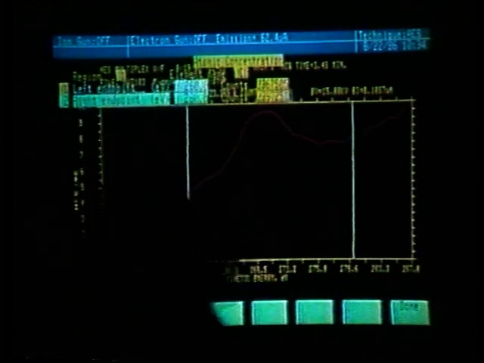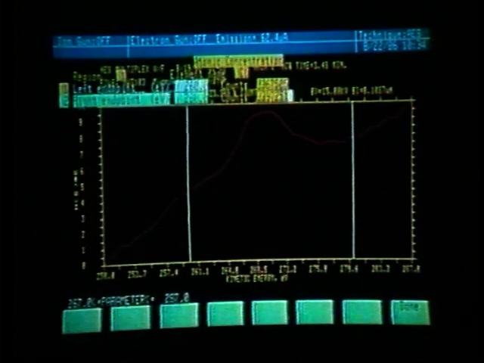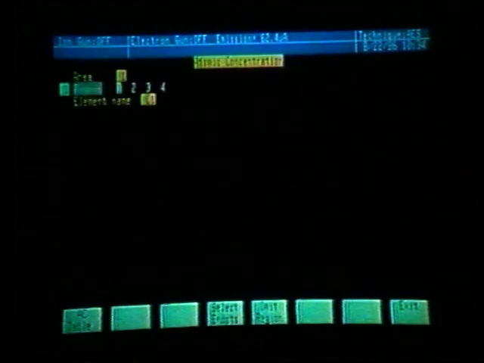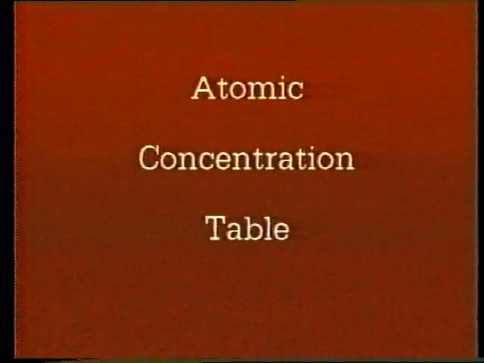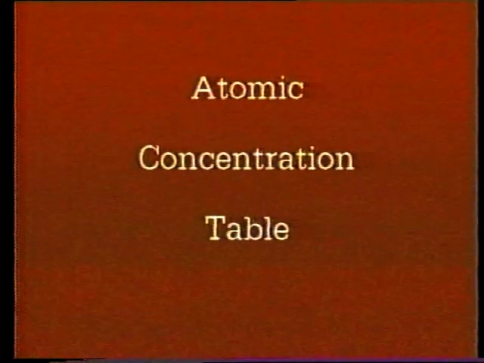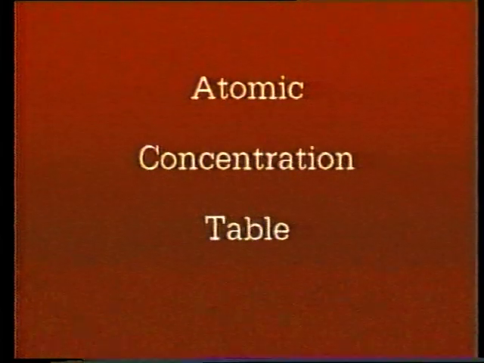Now that we have defined those endpoints, we are done, so we can press soft key number 8. Let's now ask for the atomic concentration table by pressing soft key number 1.